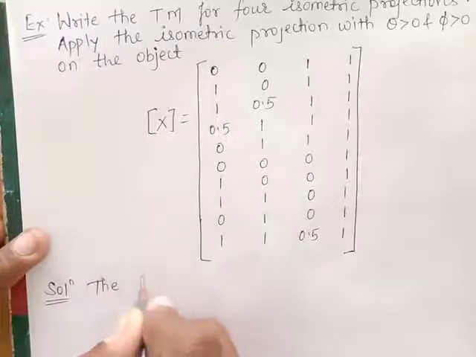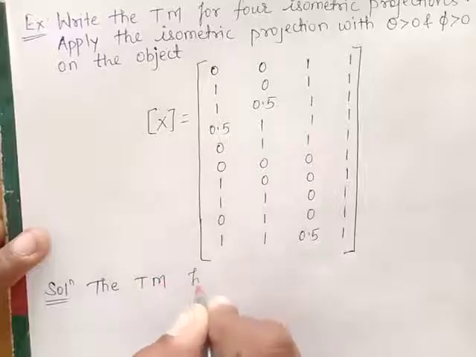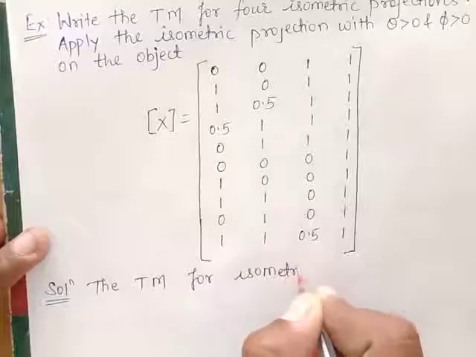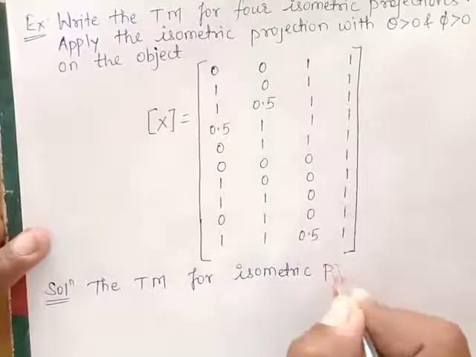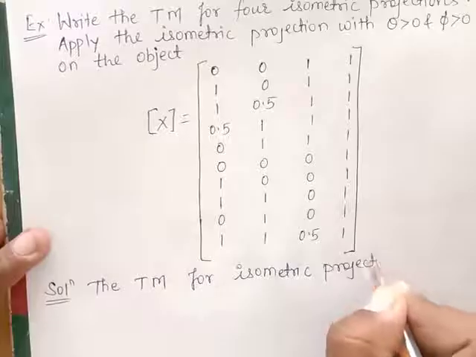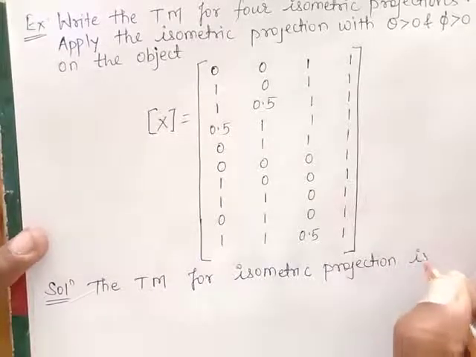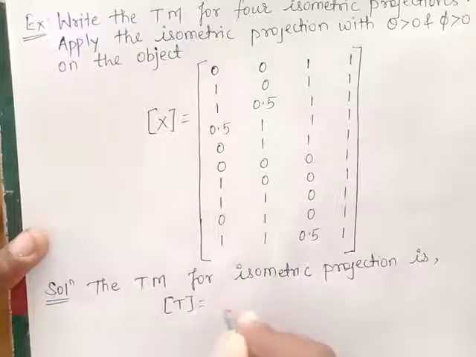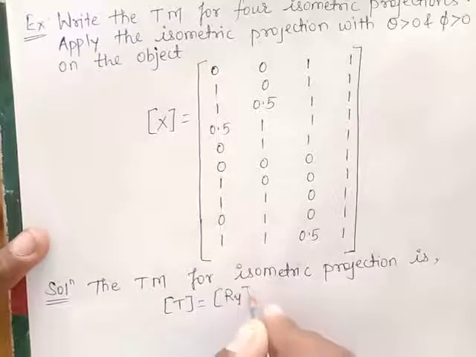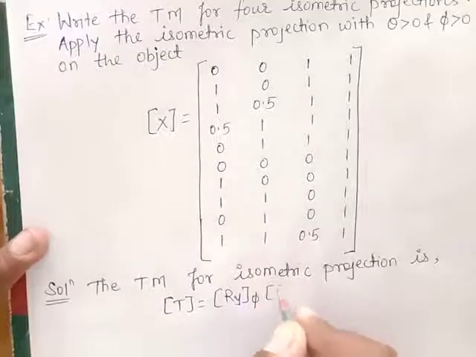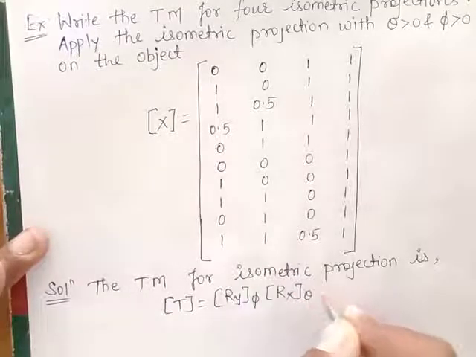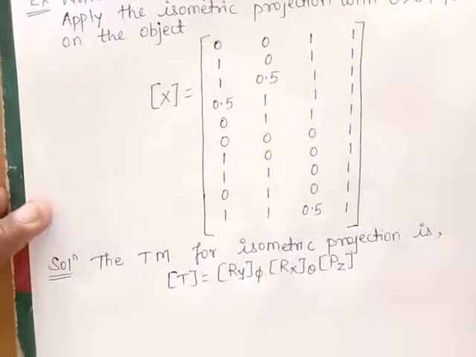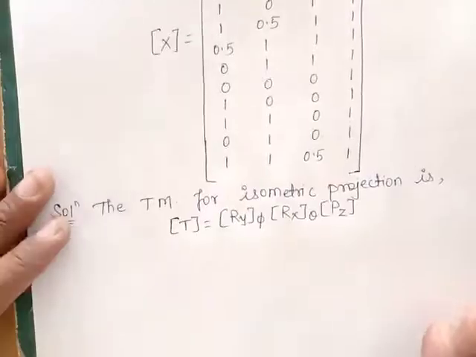The transformation matrix is T equal to rotation about y-axis through an angle phi, rotation about x-axis through an angle theta into orthographic projection on z equal to 0 plane, right?